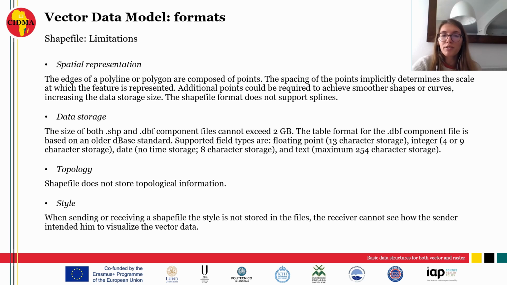Starting with spatial representation, we talked about the points and their coordinates to define lines and polygons. However, we did not mention that the spacing between these points implicitly determines the scale at which the feature is represented. If I take, for example, a river that I want to represent, and this river at a certain point gets a smoother shape, I will have to remember that the shapefile format does not support splines and circular arcs.